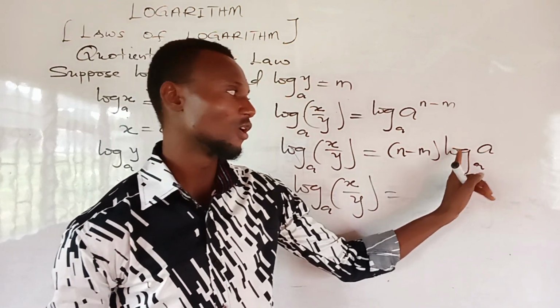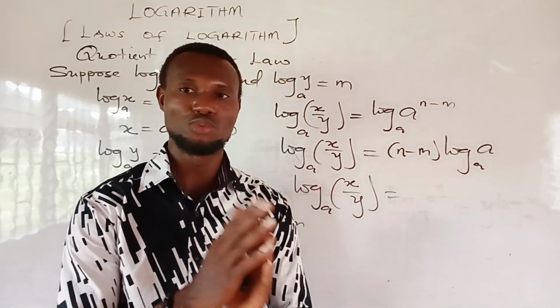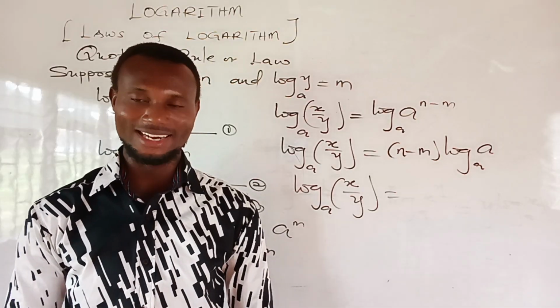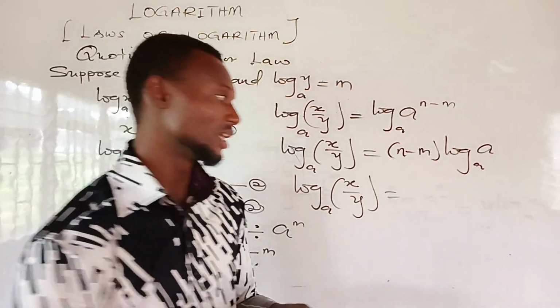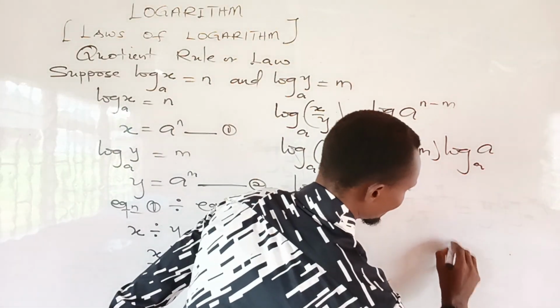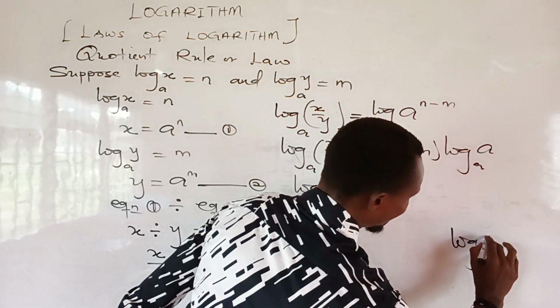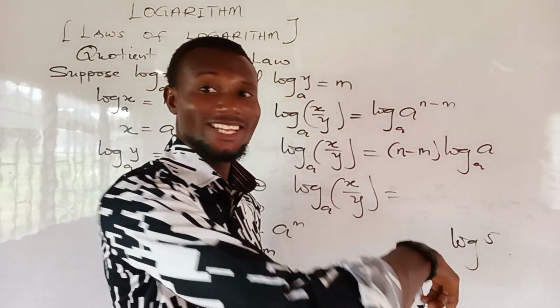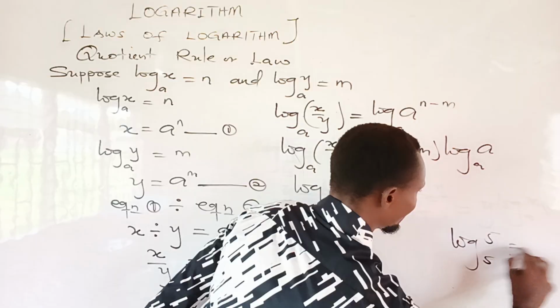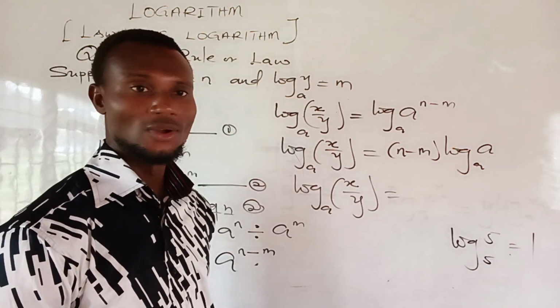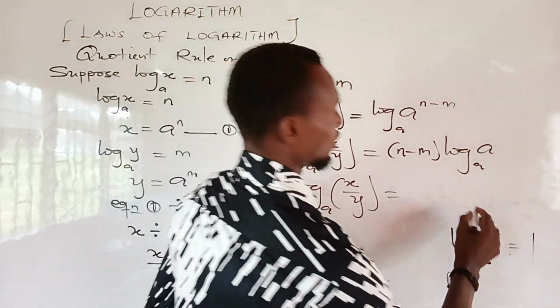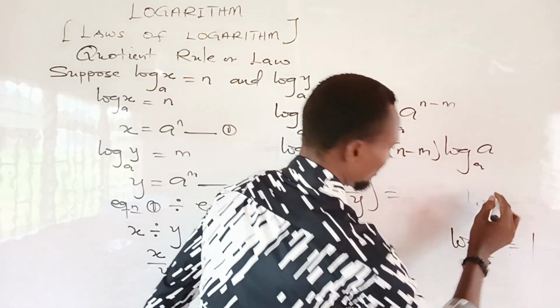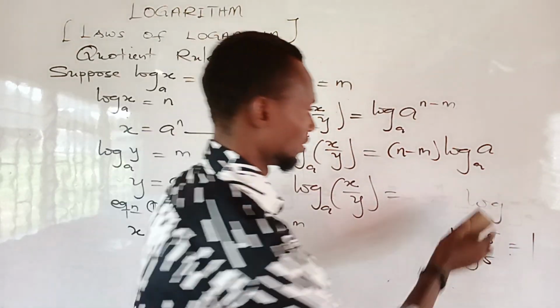So in place of log a to the base a, we are going to put 1 there. I hope you understand. This we've established. We learned that if I have the log of any number, let's say 5, to the base of that same number 5, it is equal to what? 1. Okay, so having log, let me clean it and write it all.